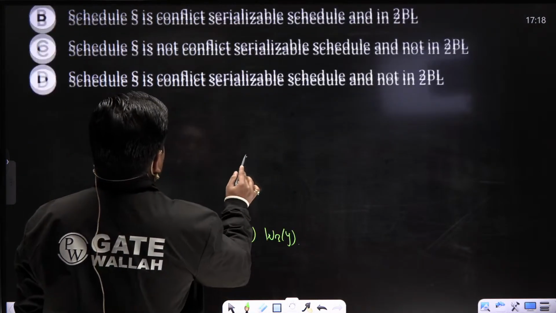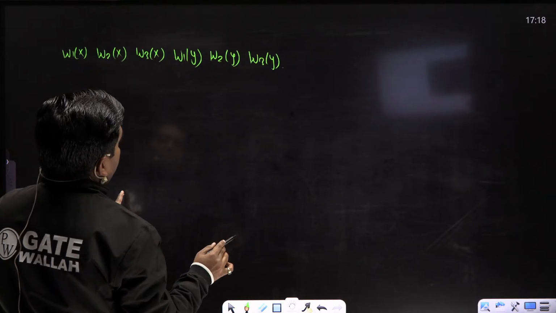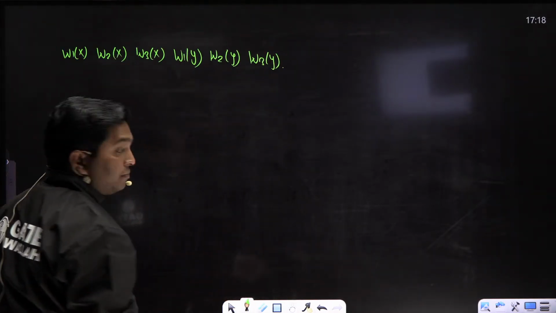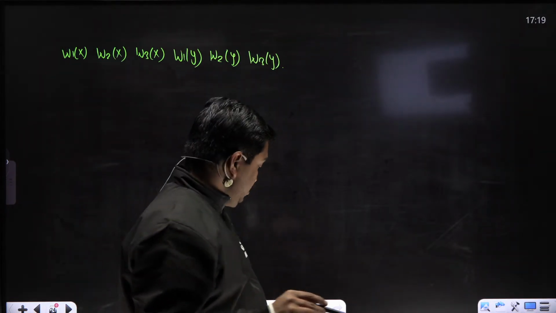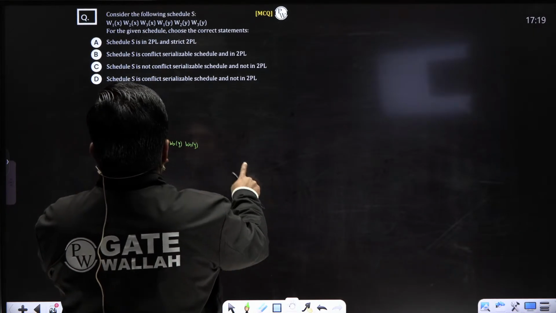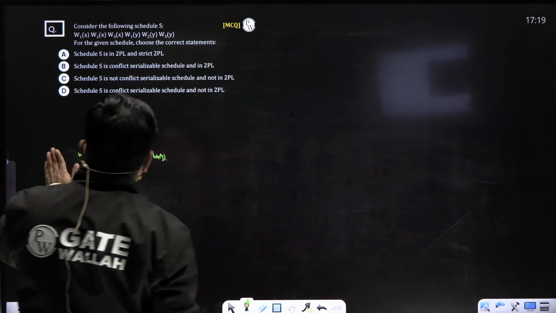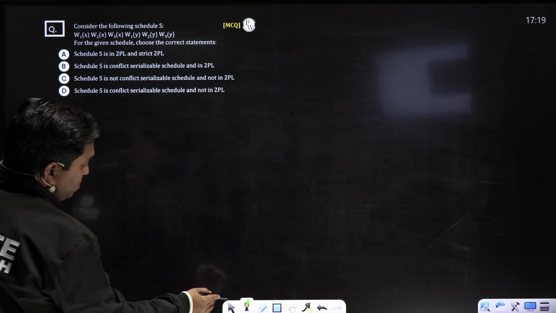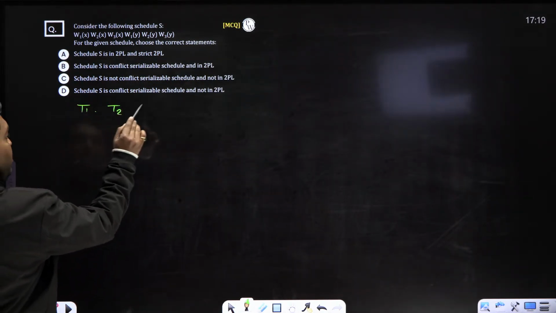Okay. Now, current start. Directly I'm writing here T1, T2, T3.